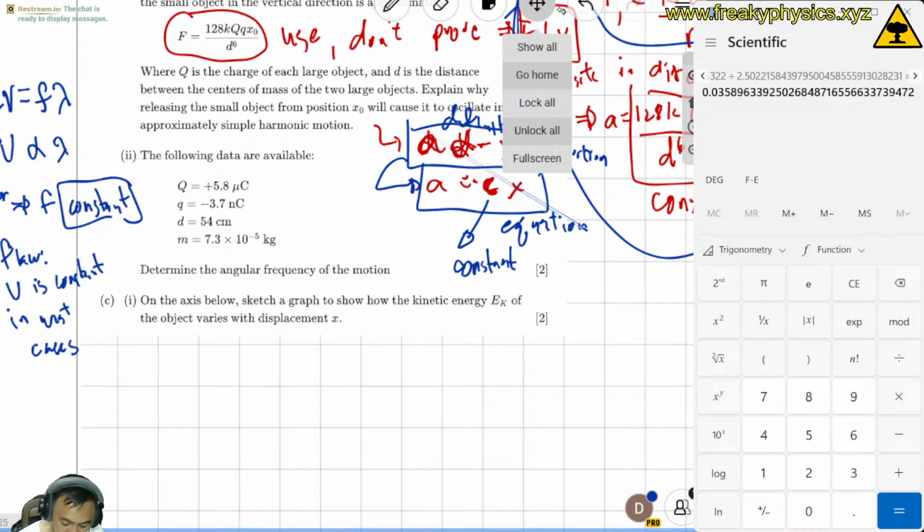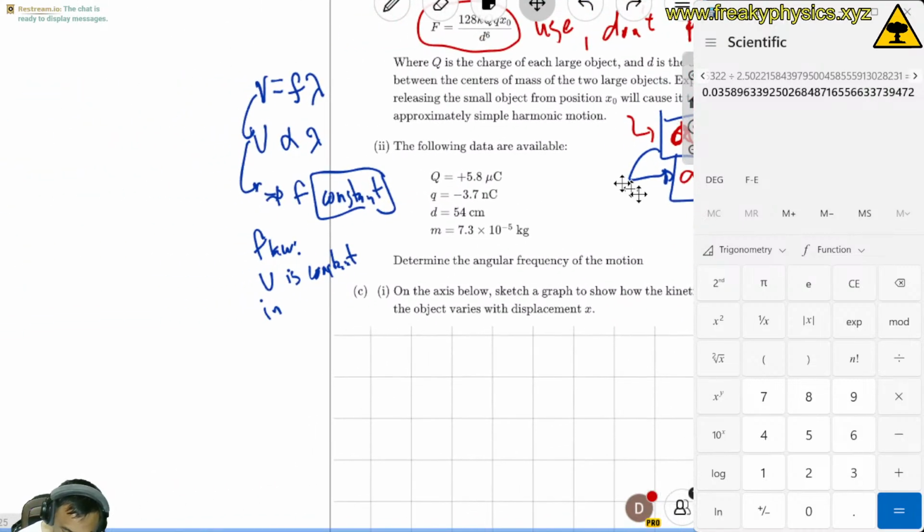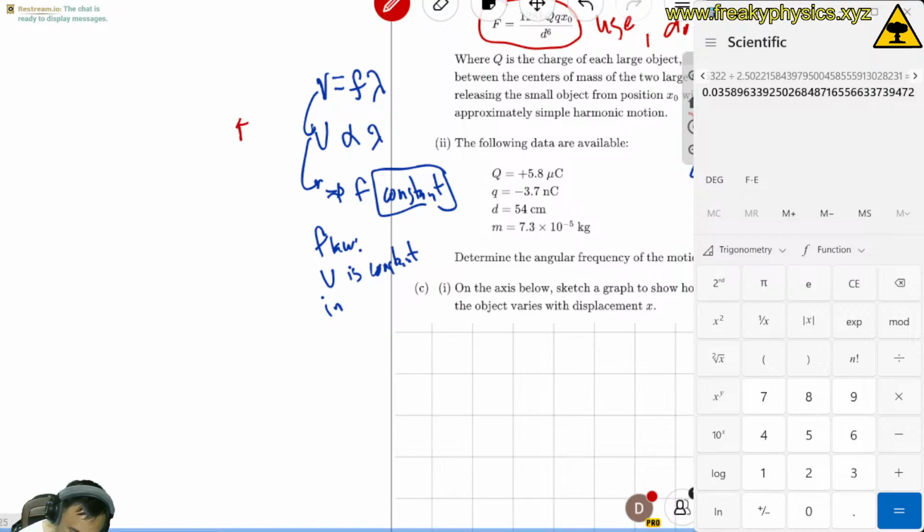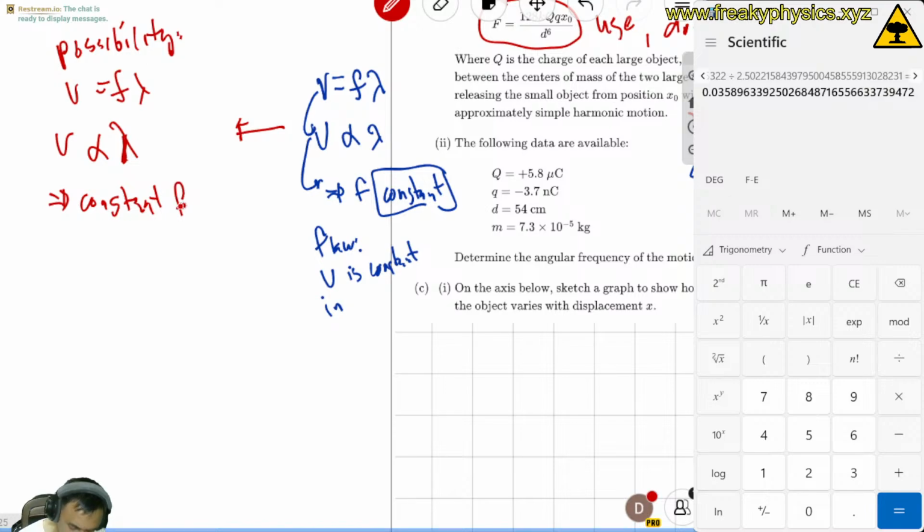However, I'll give you an example of a possibility. v equals f lambda, and then you say v is proportional to lambda, the wavelength. Then that means that f is constant. A constant f can happen in refraction.